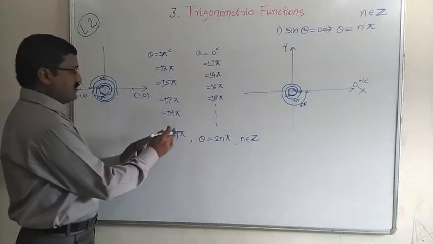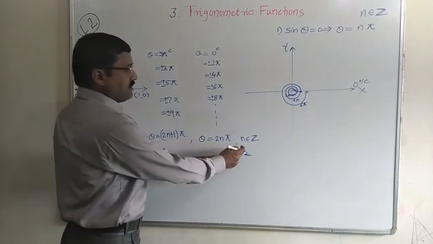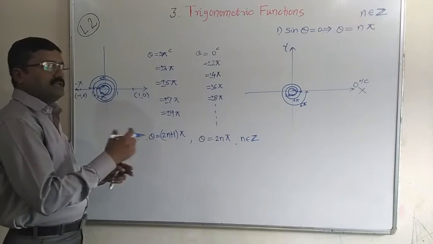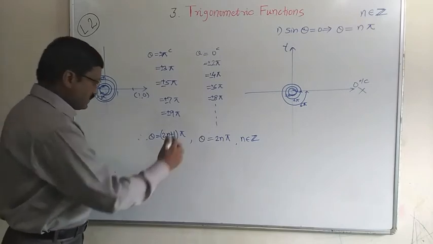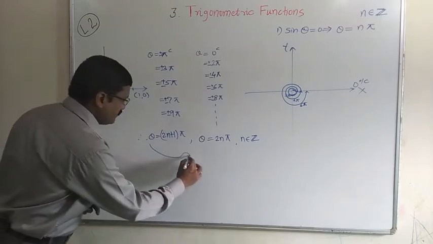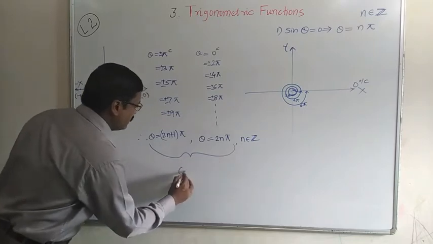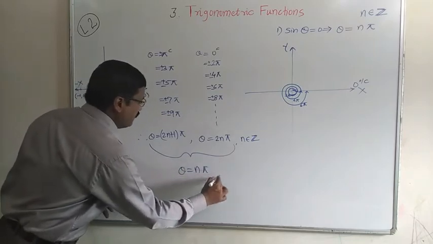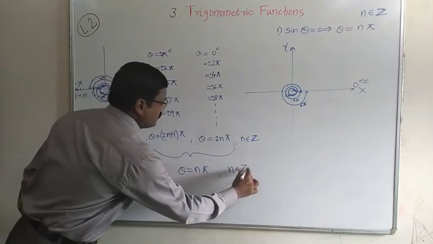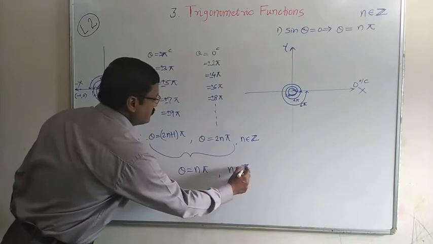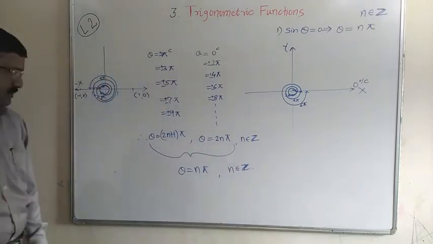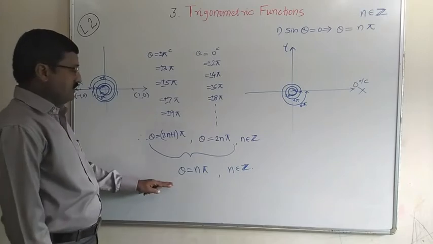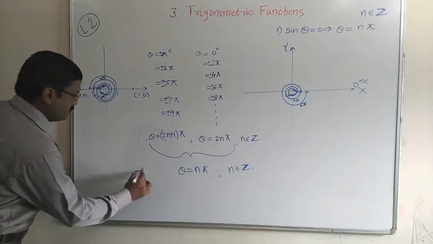So theta is odd multiple of pi and even multiple of pi, means it includes odd and even both numbers, means all integers. Therefore from these two we can write that theta is equal to n pi, where n belongs to the set of integers. So this is the general solution of sin theta equal to 0.